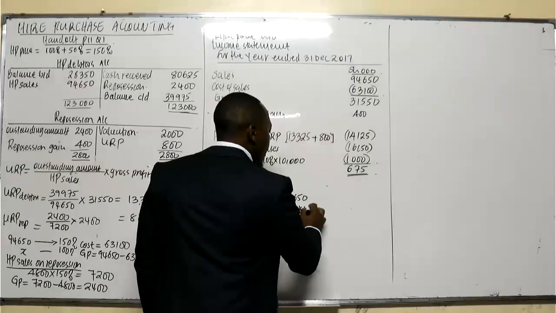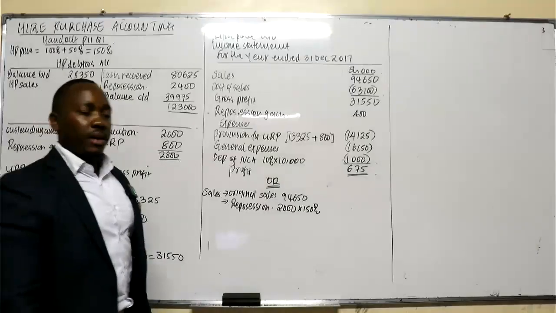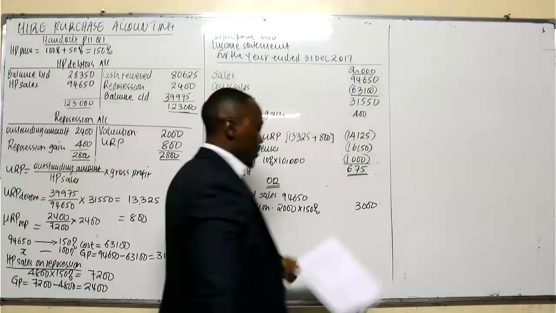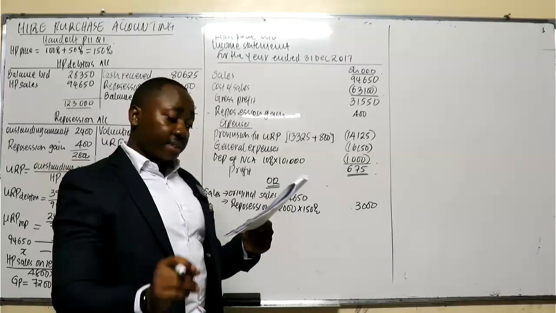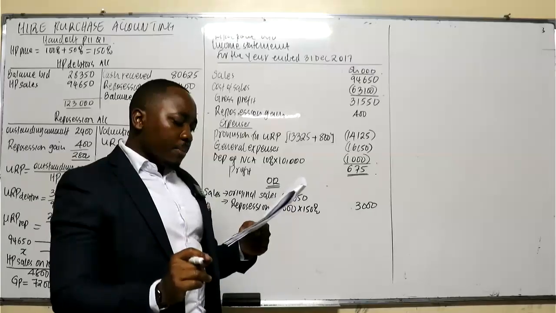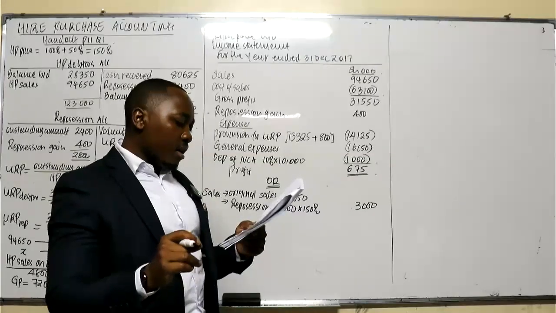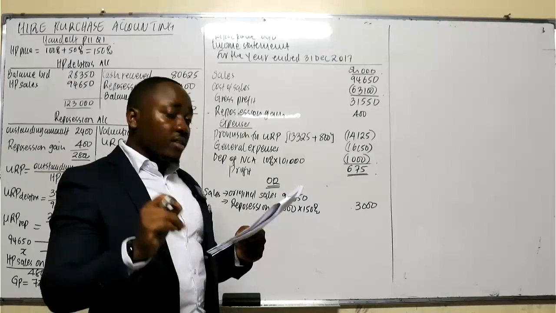3 million. It's 50% above. So you multiply by 150% since they were resold before the end of the year. So that means the repossessed sales was an amount of 3 million. You are told that the repossessed goods were resold before the end of the financial year. The total selling price, both on original sales and on resale of repossessed goods, were included in the sales for the year.